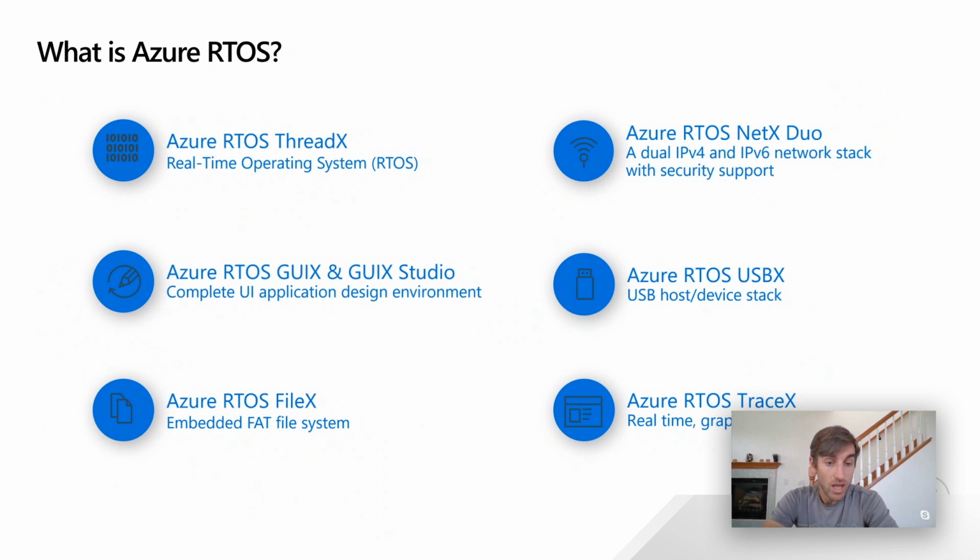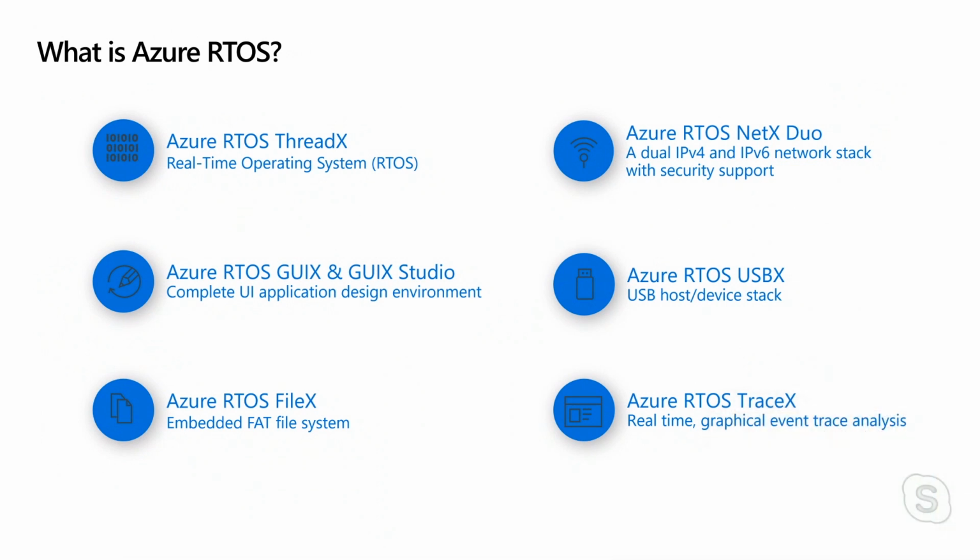And then FileX is a FAT12, FAT16, FAT32, and exFAT file system. And then TraceX is another component, but it doesn't really run on the target. It's an event trace tool that is really helpful for analyzing and debugging your multi-threaded application. So first, we're going to just jump into ThreadX because that's kind of the whole foundation of everything here.